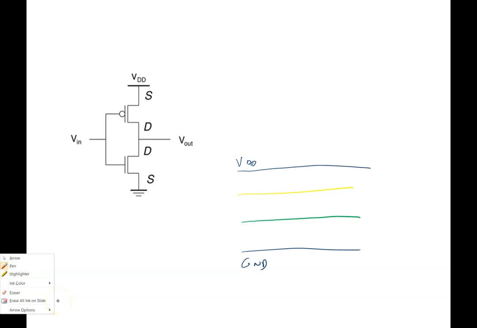Since I only have one transistor on each side, I just have one red line. So this would be my poly, and I would call this one source and that one drain, because drains will be close to the output. Then I have the same thing here.